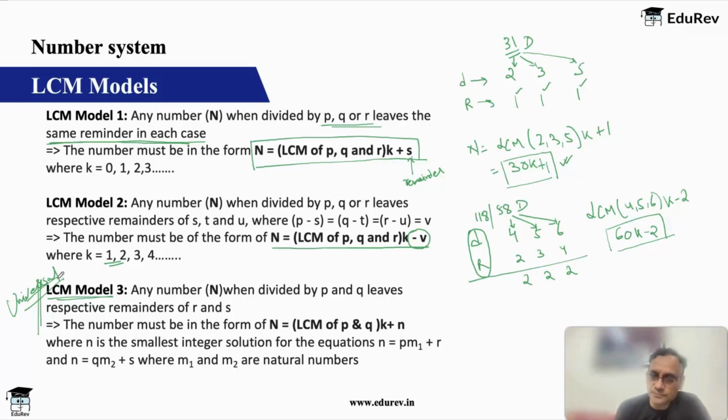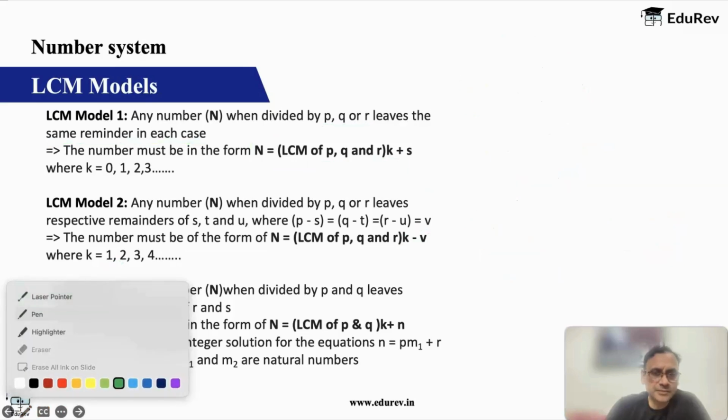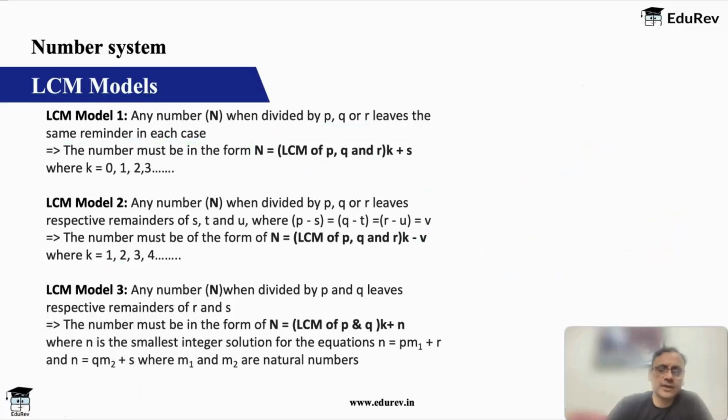Okay. So let's say that we have, let me erase what I've written here so that I can explain to you. Let's say that I have a certain dividend which, when divided by 5 and 6, gives me remainders of 2 and 5.